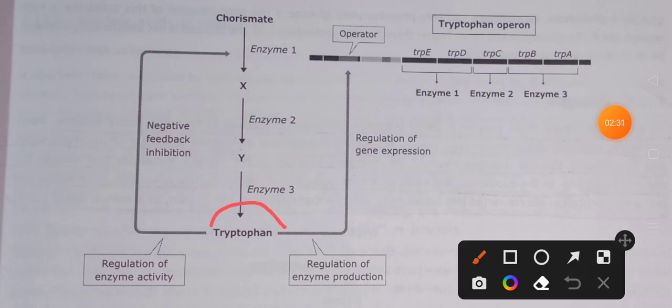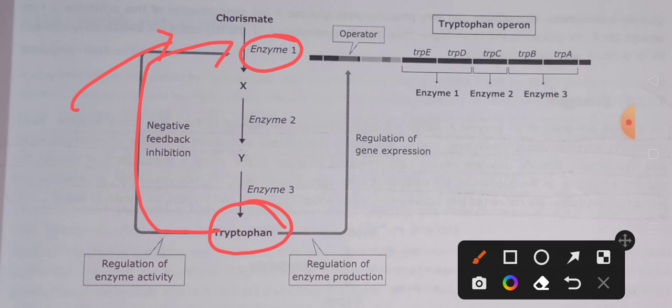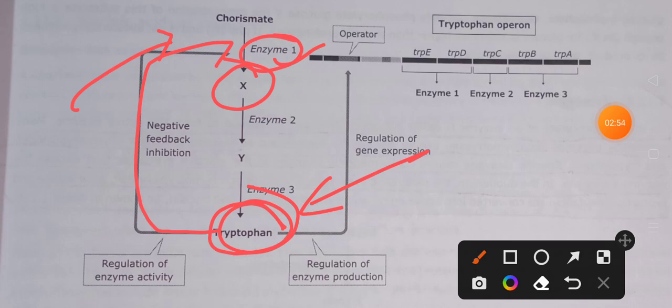If tryptophan binds at the allosteric site of enzyme 1 as a regulator, it will prevent chorismate, which is the substrate for tryptophan production, from binding with the active site of enzyme 1. As a result, X will not be produced, and that in turn facilitates inhibition of further end product production.